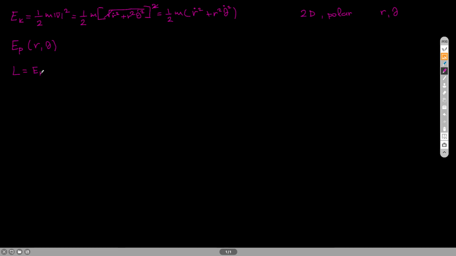the Lagrangian is defined as Ek minus Ep, and I'm copying and pasting what those are. Minus Ep, that depends on r and theta.